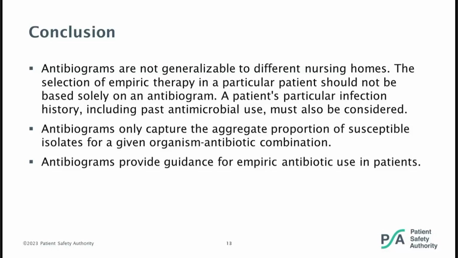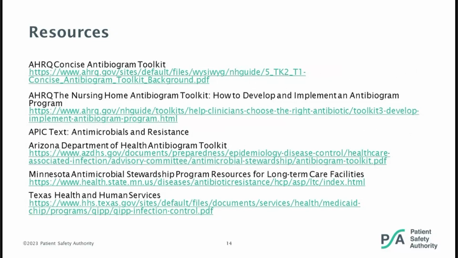So you still need to be thoughtful about prescribing and not just solely rely on that antibiogram. Antibiograms provide guidance for empiric antibiotic use in your residence, and they also can be used to measure trends within your organization, looking at past resistance patterns.